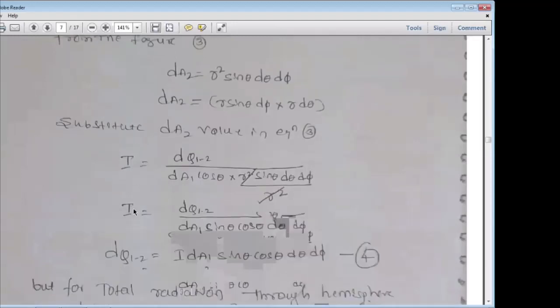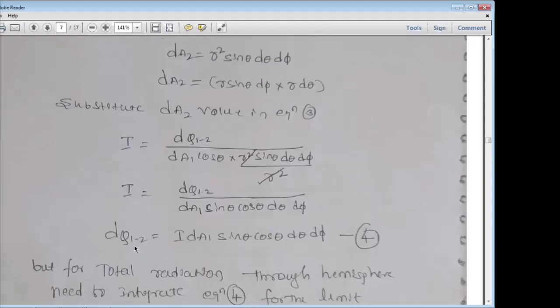Then I becomes dQ12 divided by dA1 sine theta cos theta d theta d phi. So dQ12 is equal to I into dA1 sine theta cos theta d theta d phi. This is equation number 4 here.